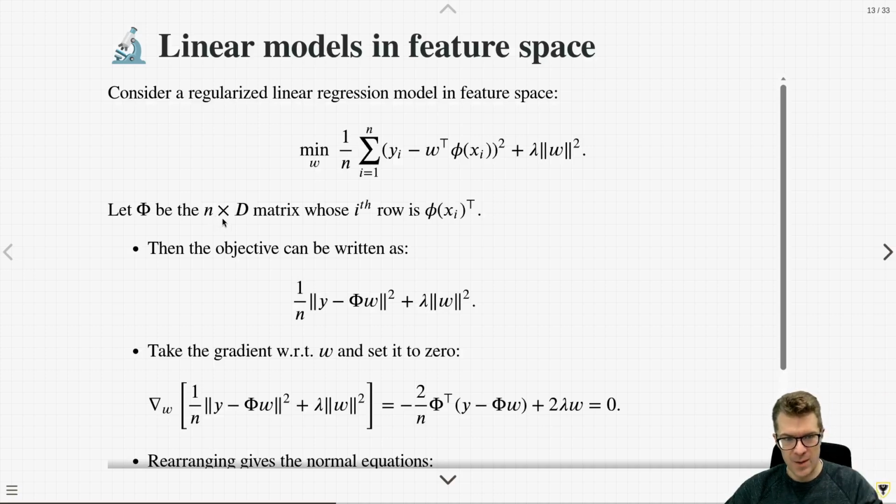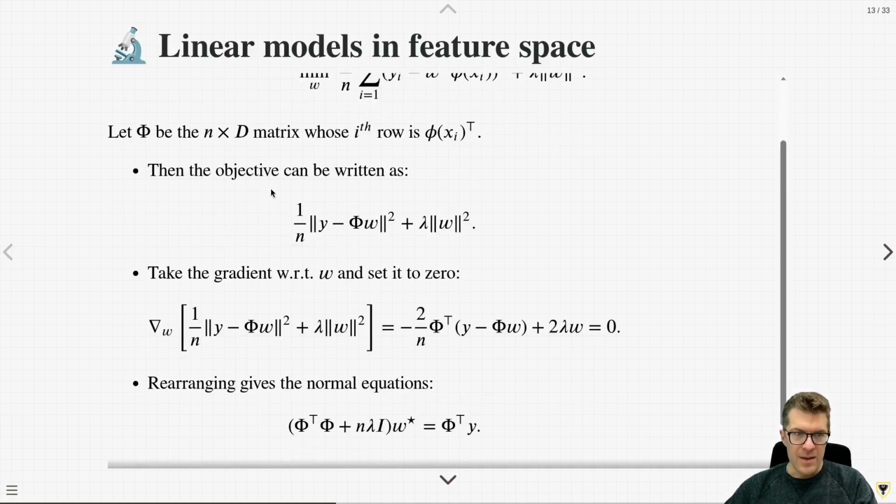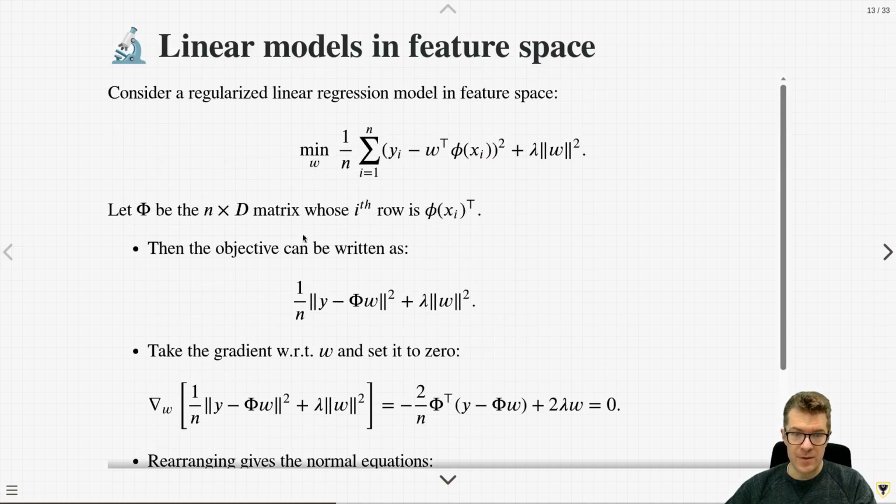We have n data points and we have big D dimensions. And the ith row is the feature transformation of data point i. That's all it is. The objective can be written this way. So you can rewrite this entire function over here as this term down here, 1 times the 2 norm of y minus big phi times w.